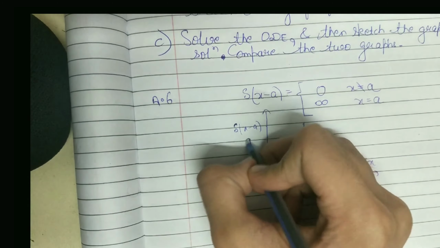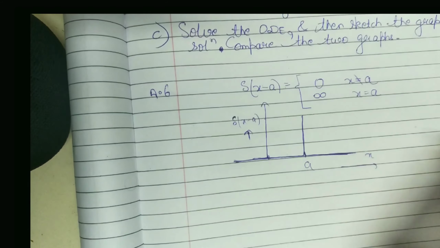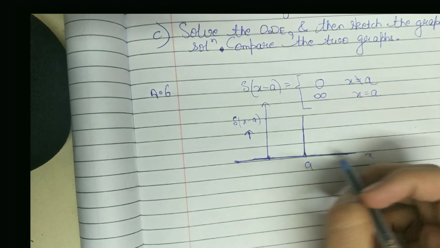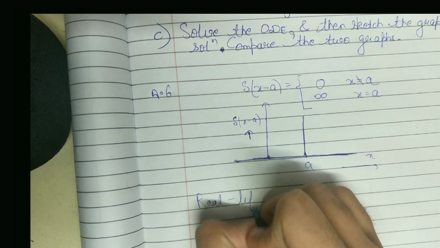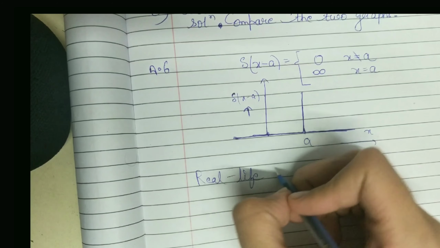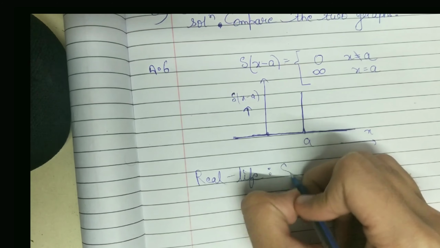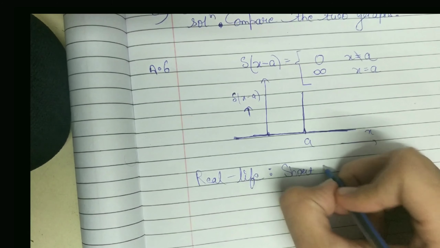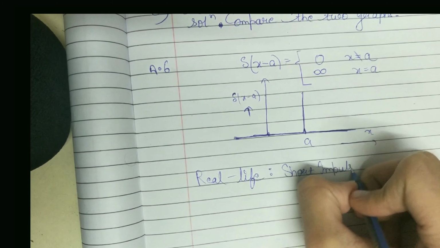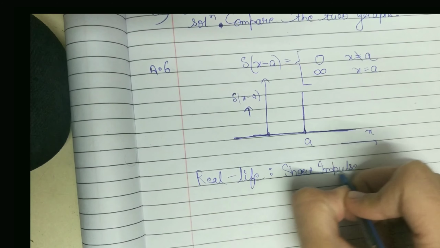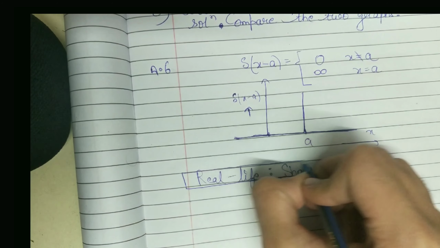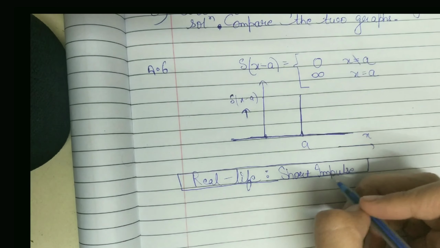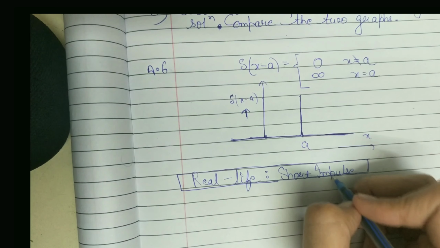Now if we see this in a real life situation, this Dirac delta function is just like an impulse, a short force impulse, because an impulse is just a force that is applied for a very short duration of time and has a very large amplitude.